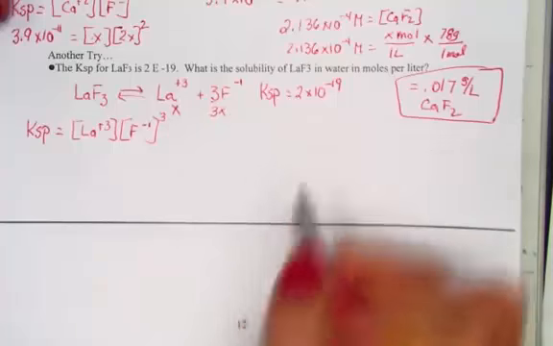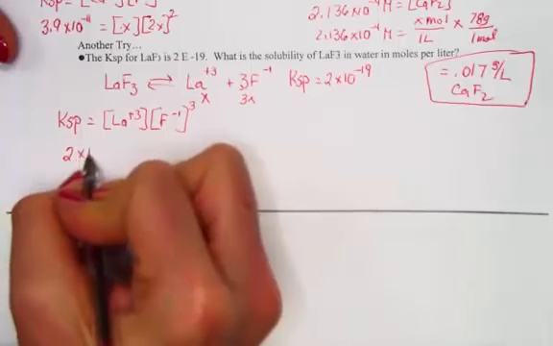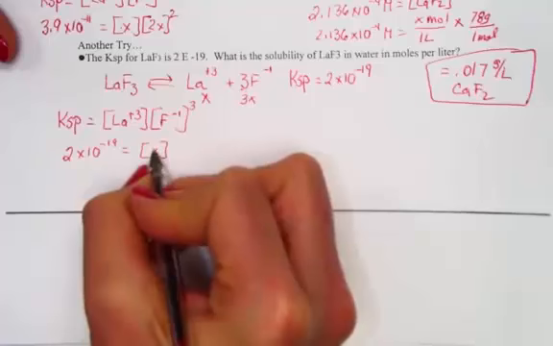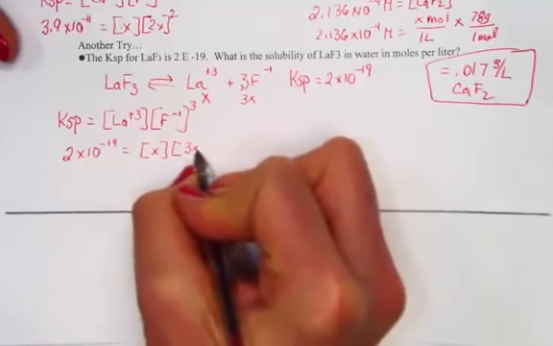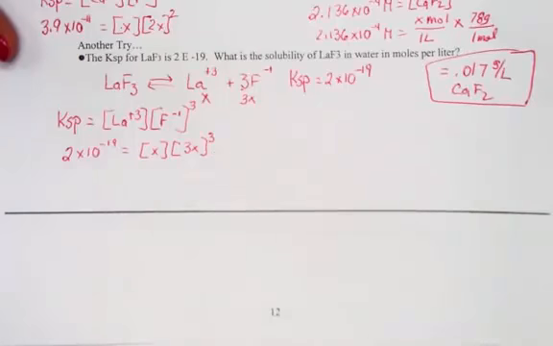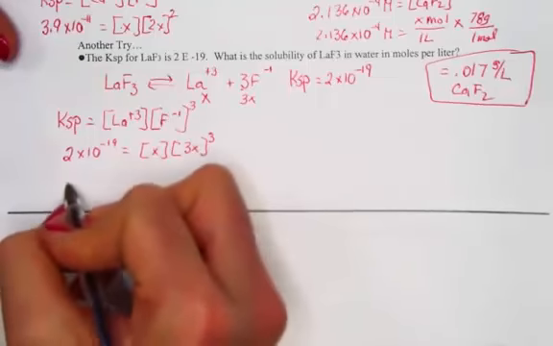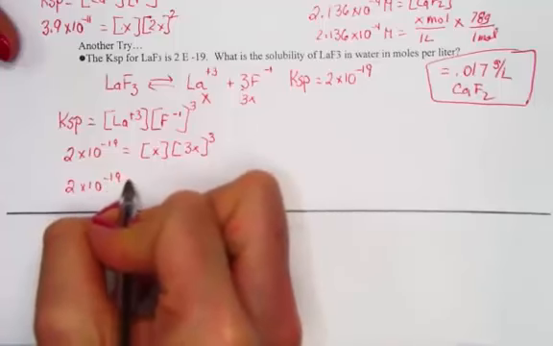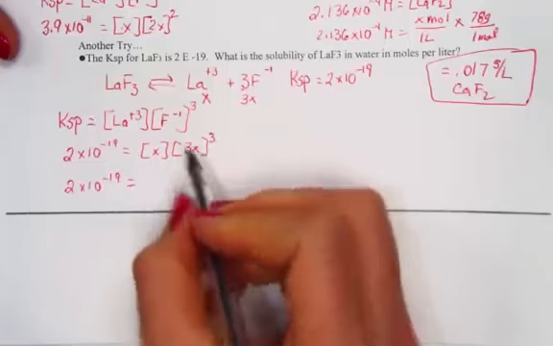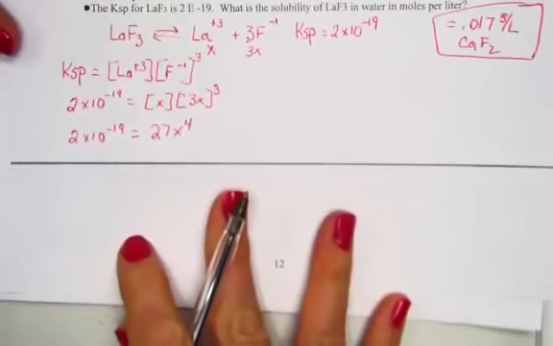Fluoride will have to become 3x, and we'll set that equal to the KSP constant. 2 times 10 to the negative 19th is equal to x, that's the lanthanum value, times 3x, that's the concentration of fluoride, and it needs to be cubed. So we have x times 3x cubed. Simplifying, 2 times 10 to the negative 19th, let's see, 3 cubed is 27. X cubed times x gives us 27x raised to the 4th power.